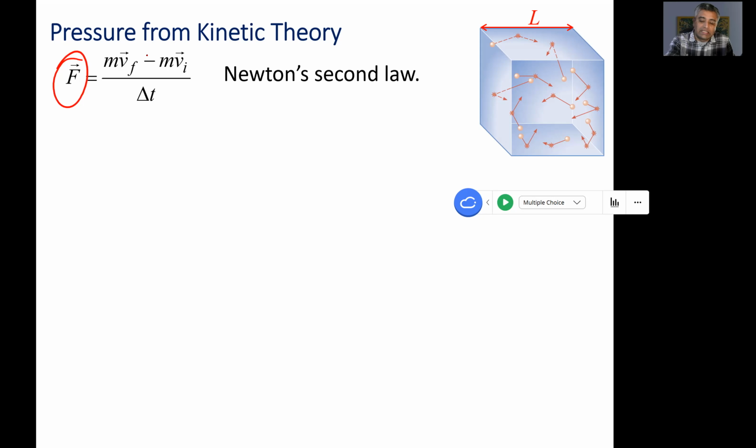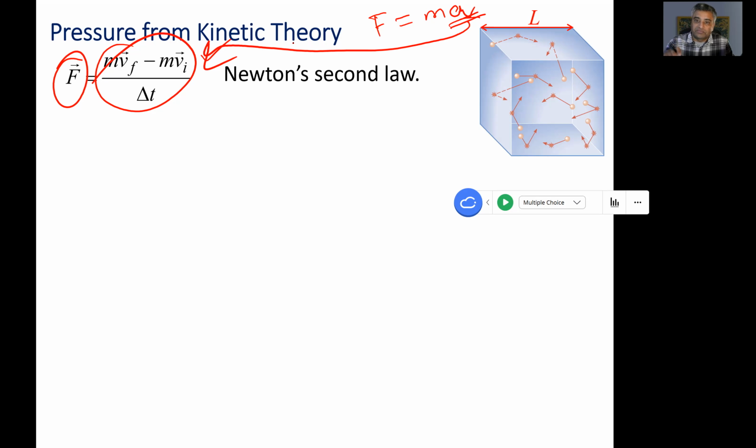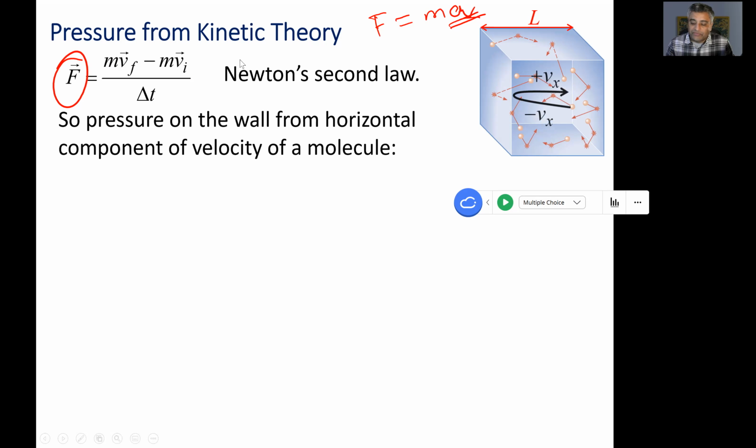Remember, force is the rate of change of momentum. We know that, right? We learned that in the momentum chapter. So that's Newton's second law, written slightly differently. Yes, of course, the famous one is m times a, but if you write the definition of a, you get there, okay? Now, what is pressure? Pressure is just force divided by area. That's what pressure is, okay?